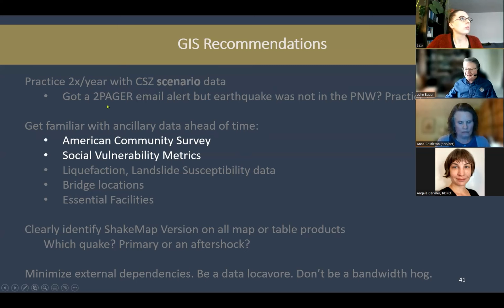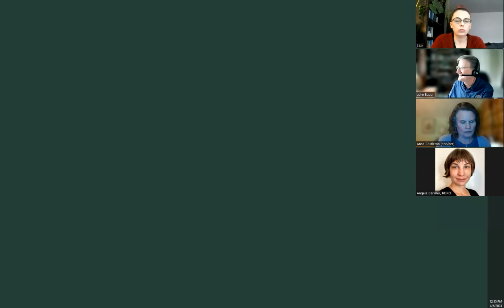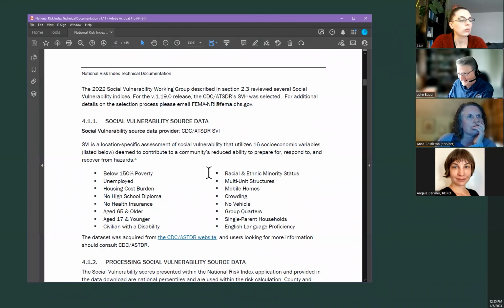What are we talking about? Does anybody know what I'm talking about here? Okay, social vulnerability, if equity is part of what you're doing, okay, and I'm going to share something. These are the types of information that go behind this. You're seeing this, what, a PDF page, I'm assuming? Yep.